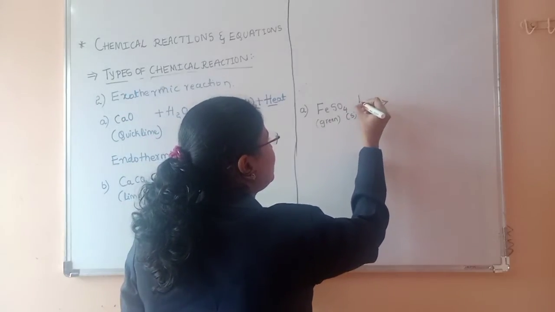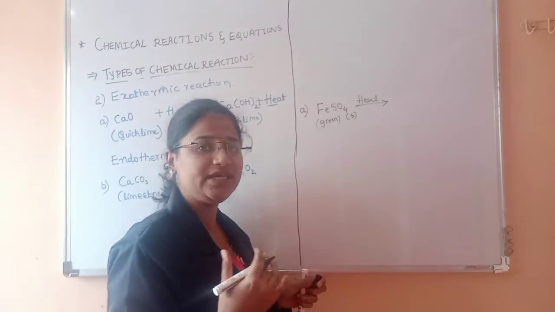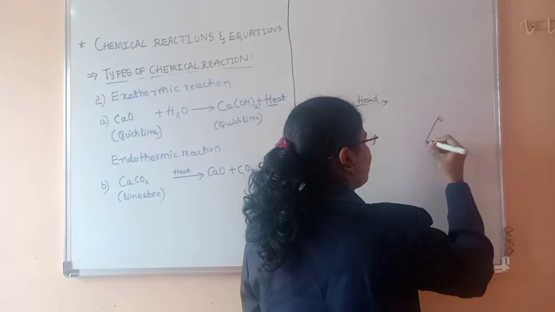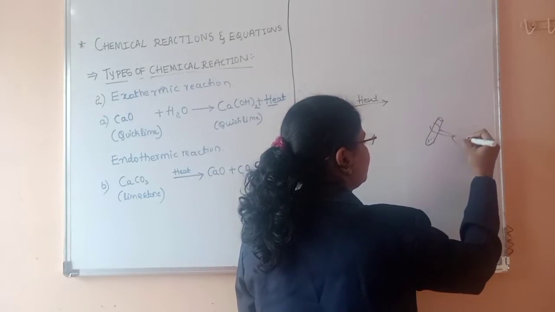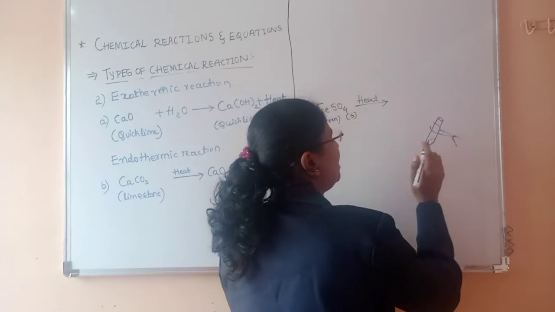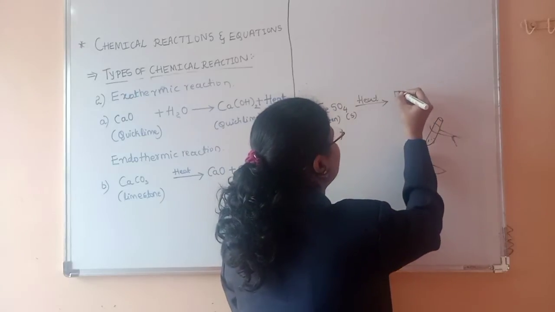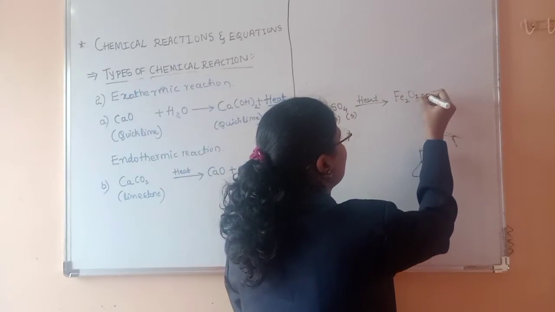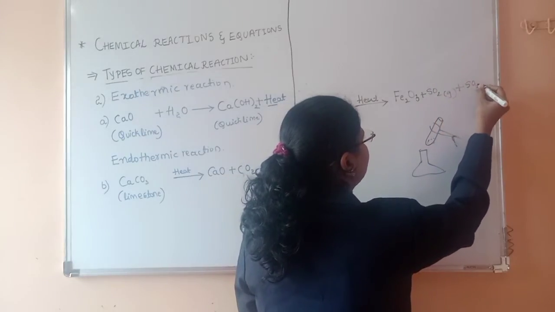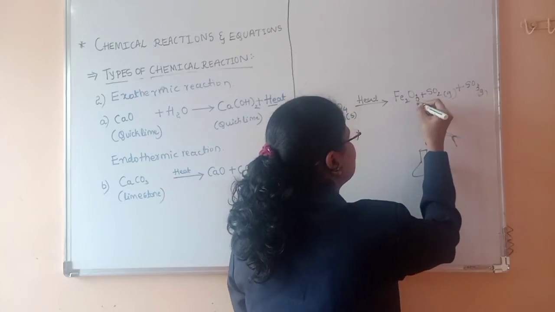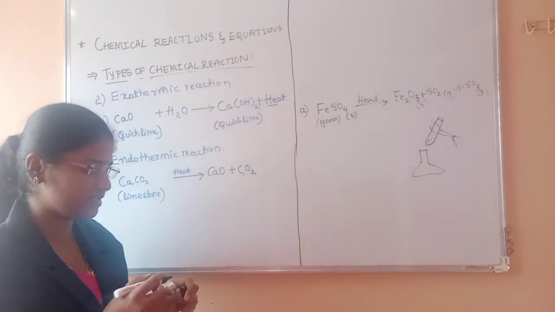When you heat that iron sulfate in a boiling tube, holding it with tongs, we will get the products ferric oxide, sulfur dioxide and sulfur trioxide. The ferric oxide will be a solid.